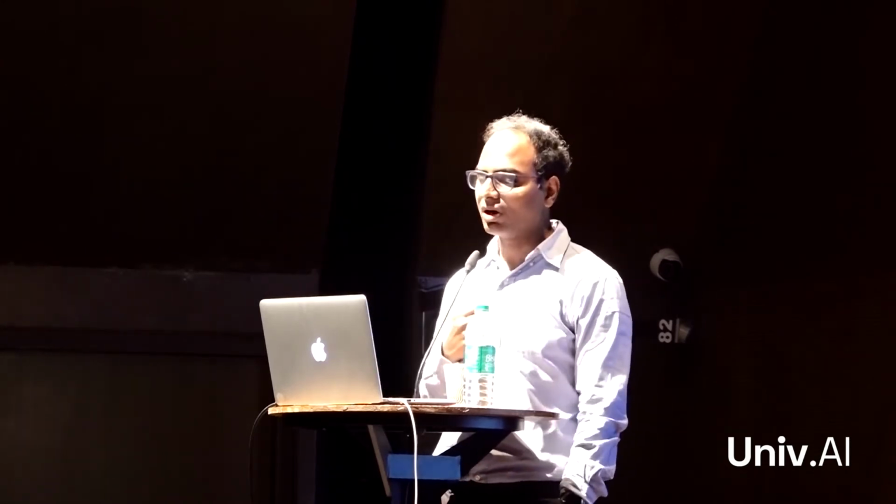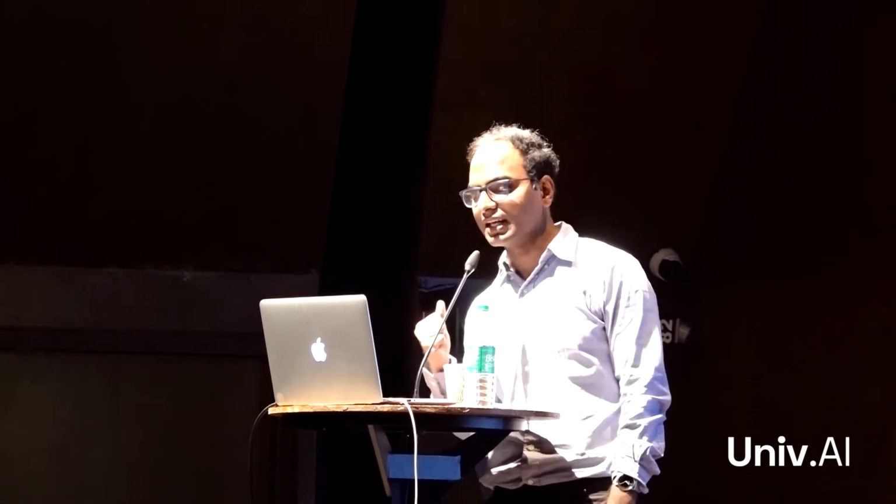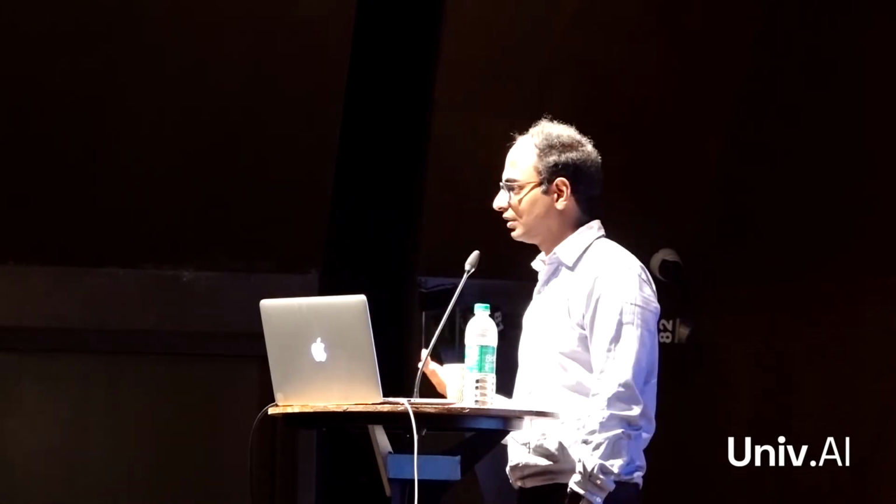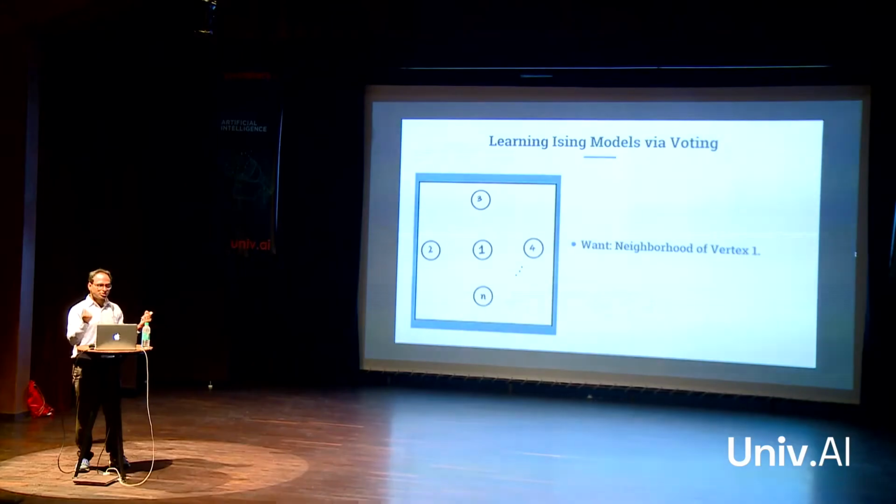Right? So initially, we don't know anything, so we just don't do much. And one nice thing about Ising models, which is not in general true for graphical models, is that the correlations can come in two ways. You could be positively correlated or negatively correlated, right? So sometimes these two features will always agree with each other, whereas sometimes they will always disagree with each other.